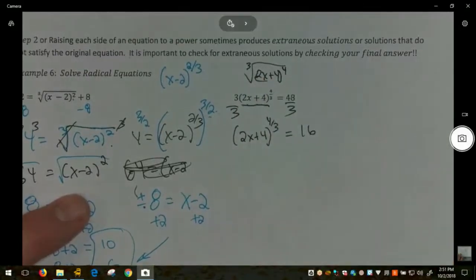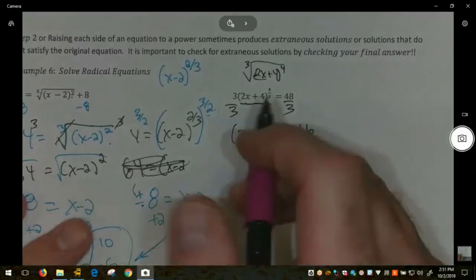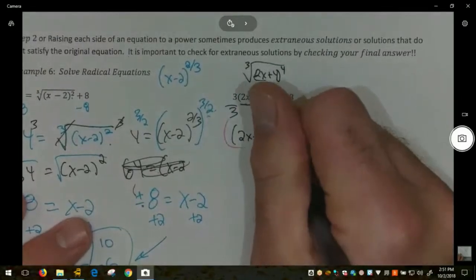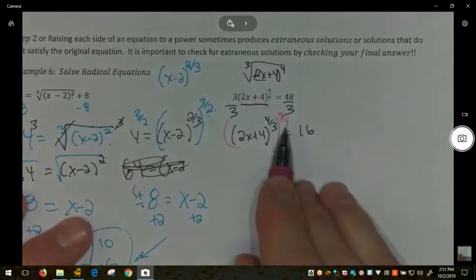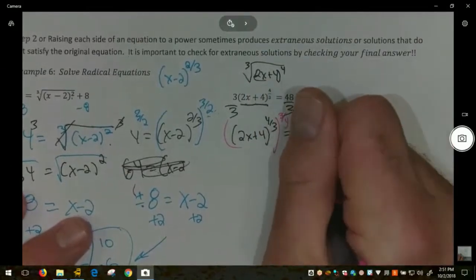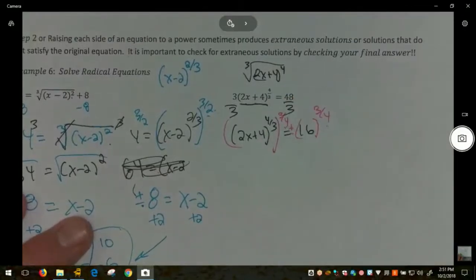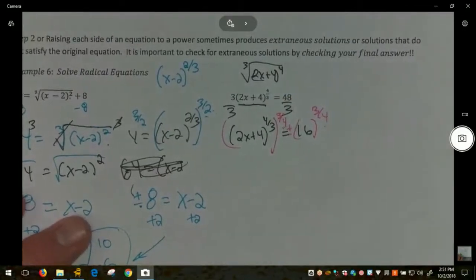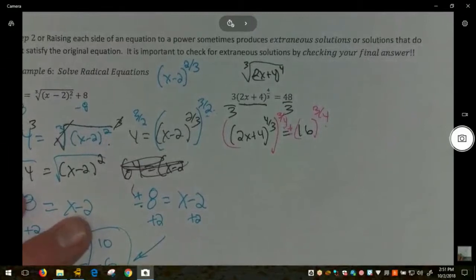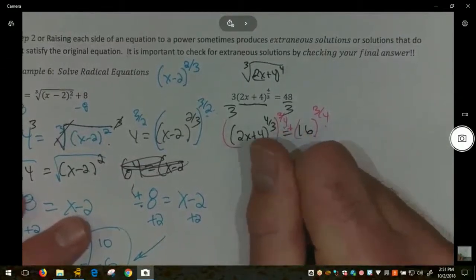Now, with this, I am going to undo this exponent by raising it to the 3/4. But that means that I'm taking the 4th root, which is an even root. So in doing that, I have to do plus or minus. So I have 16 to the 3/4 power, which is 8, plus or minus 8.